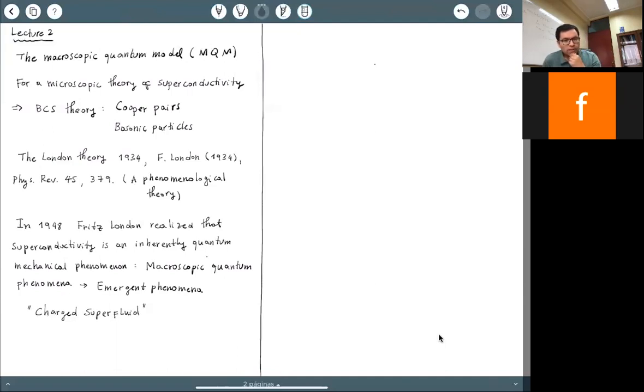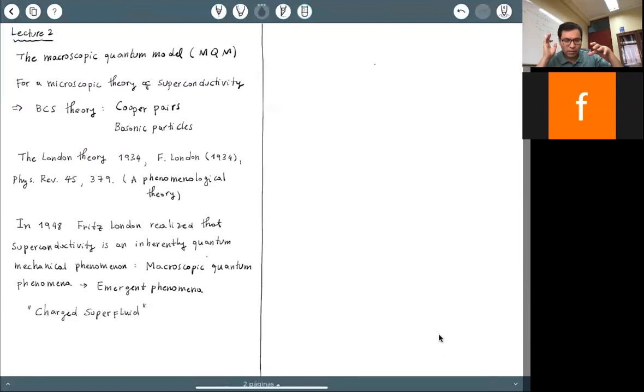In particular, this is a second order phase transition. It's a continuous phase transition. And in that theory, Landau used the concept of charged superfluid for describing this microscopic object.